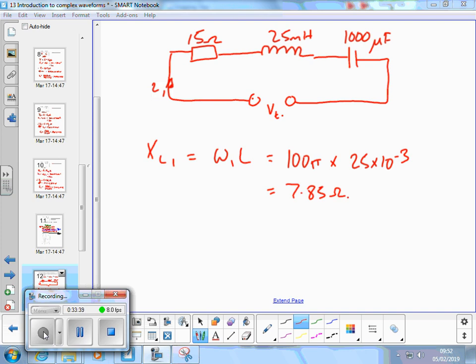Yeah, and we need XC1, which is 1 over omega 1 C, 1 over 100 pi times 1000 times 10 to the minus 6. What did we get for that? 3.18 ohms.